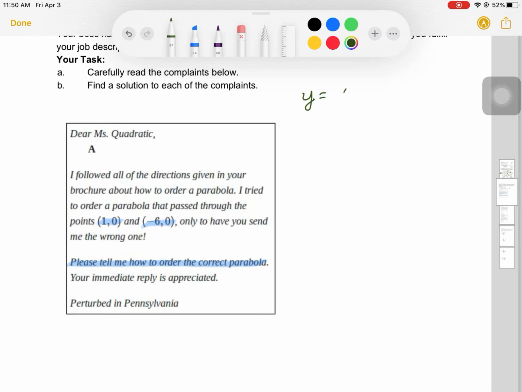There's this idea of, in factored form, I'm going to write it like this, that your format has this lead coefficient of A that could make your parabolas wider, they could make them narrower, it makes it open up, open down. So this is what's impacting a problem like this.